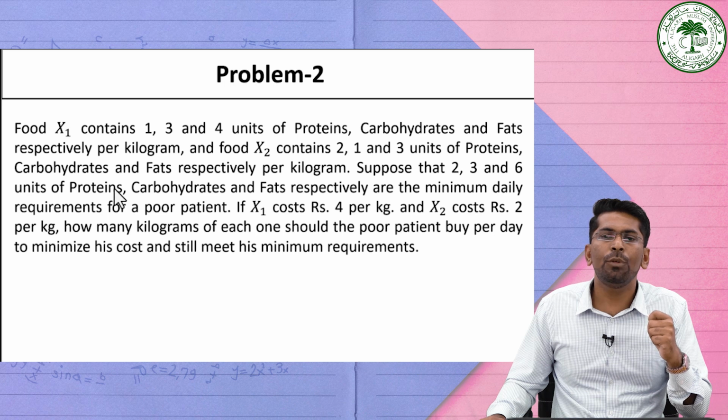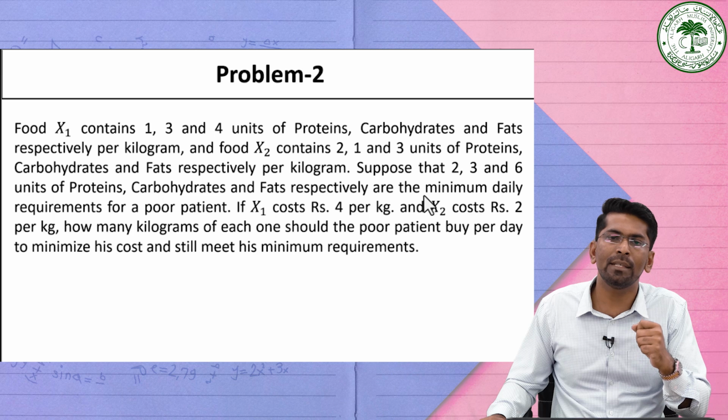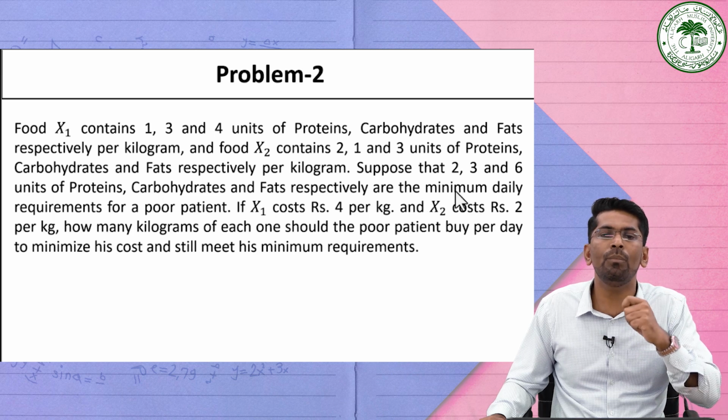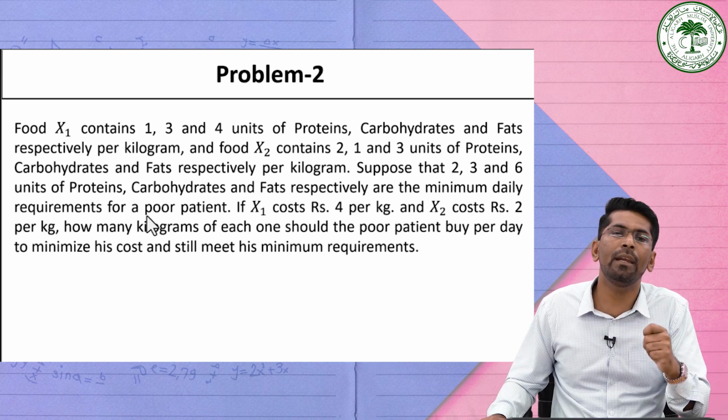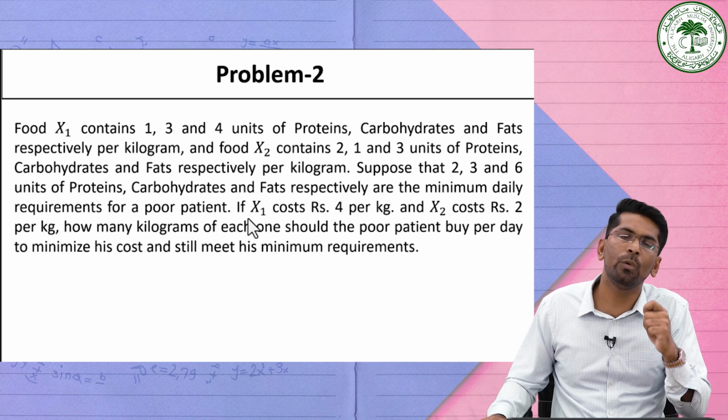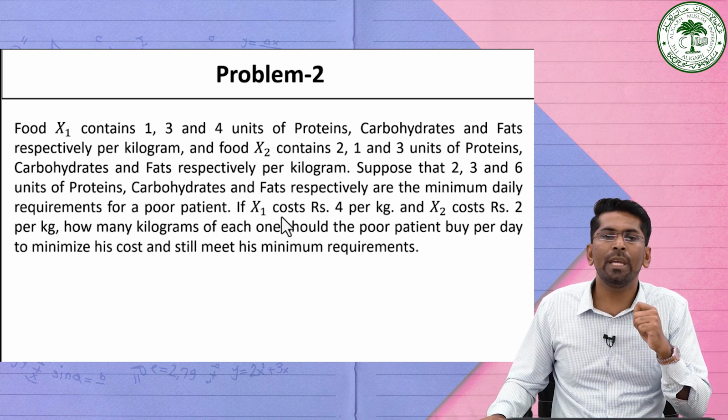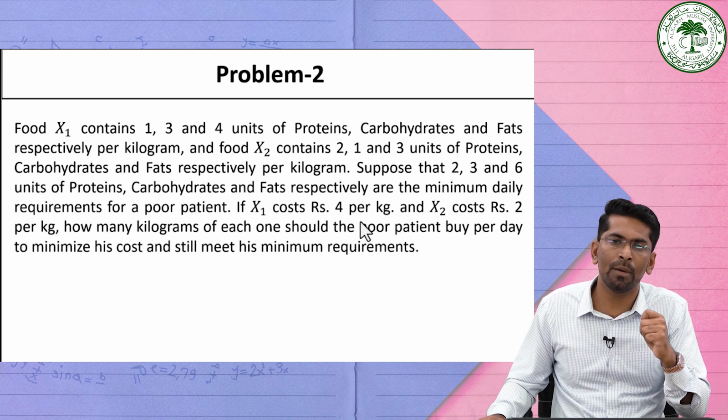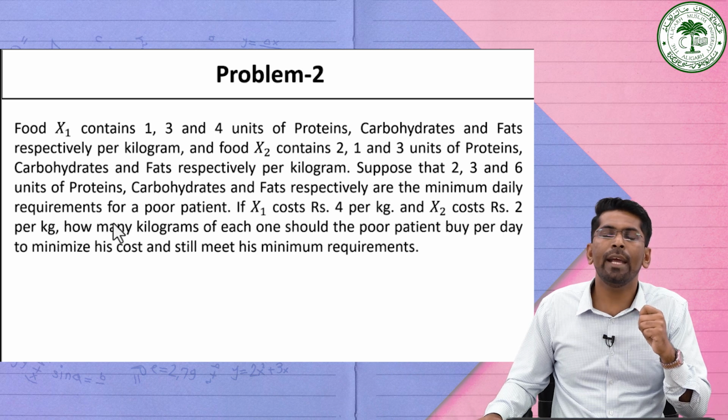Suppose 2, 3, 6 units of protein, carbohydrate and fats respectively are the minimum daily requirement for a poor patient. So here, food X1 costs 4 rupees per kilogram and X2 costs 2 rupees per kilogram.